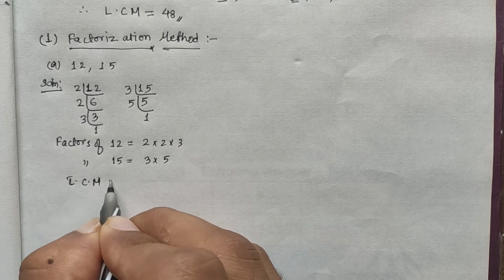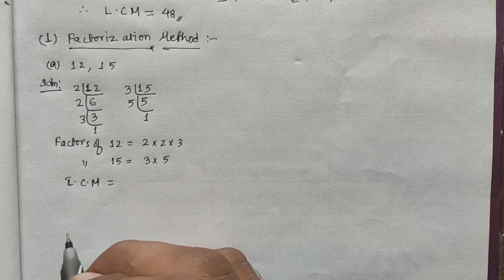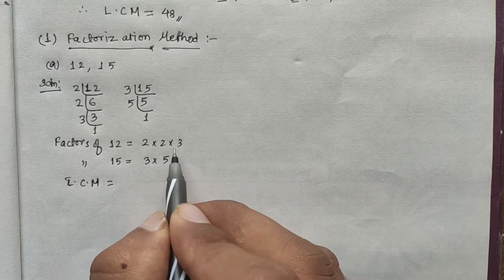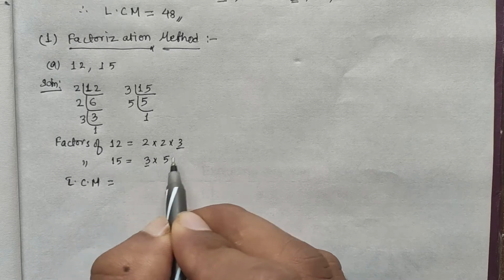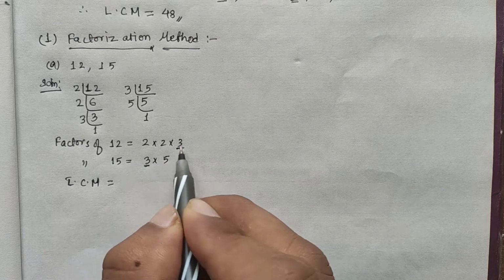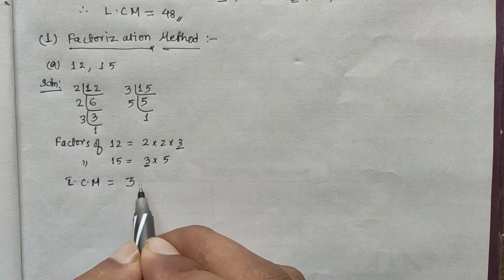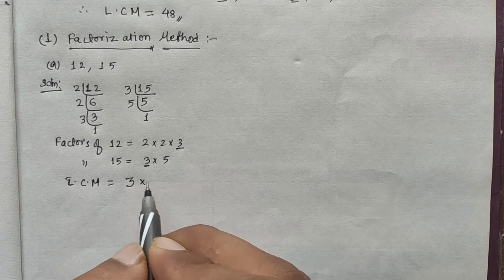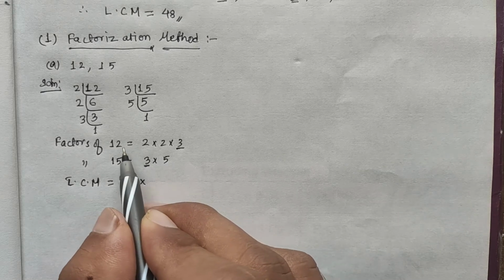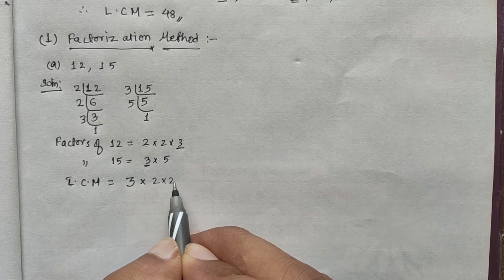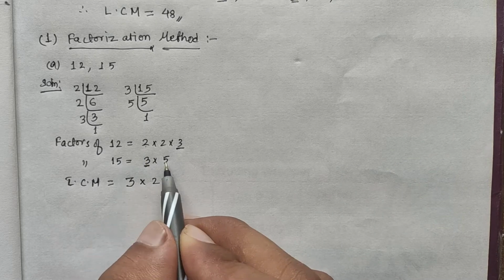As we have seen in my previous video how to find the HCF, HCF is a little bit different from LCM. In LCM, first we will write the common factors. In both 12 and 15, 3 is the common factor, so we will write 3, and then we will write the remaining factors. What are the remaining in 12? 2 and 2, so we will write 2 times 2. And what is the remaining in 15?